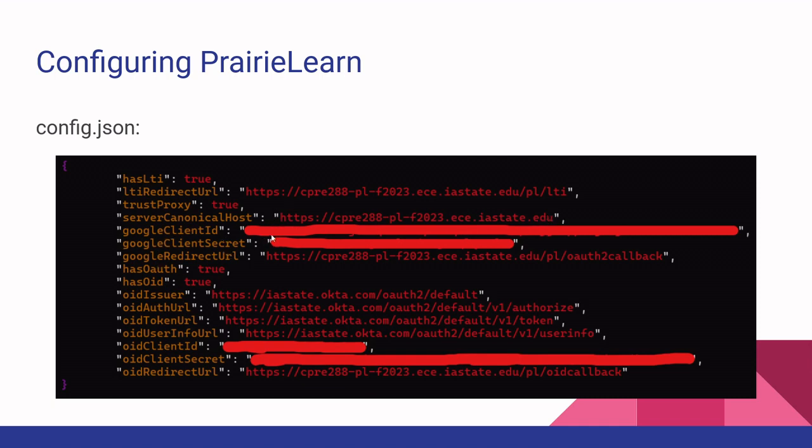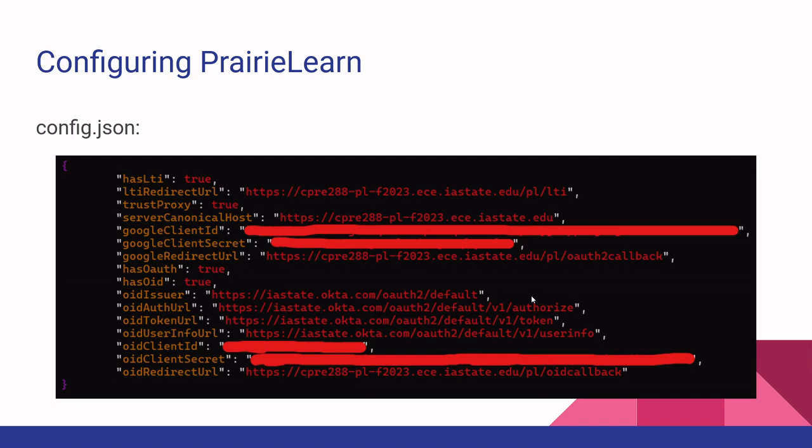Google client ID, secret, redirect URL, and has OAuth can be ignored if you are not setting up Google authentication, because you will most likely just be using Okta or whatever Microsoft uses in the future. So for that, you need has OID set to true, and then the OID issuer, auth URL, token URL, and user info URL are all static based on the authentication.